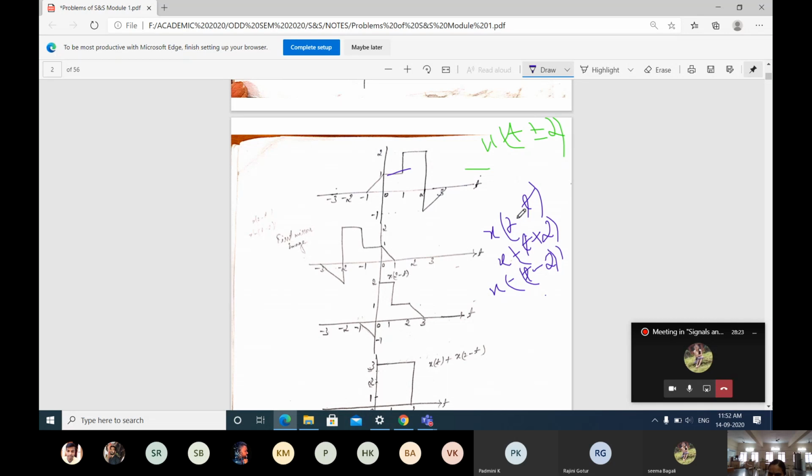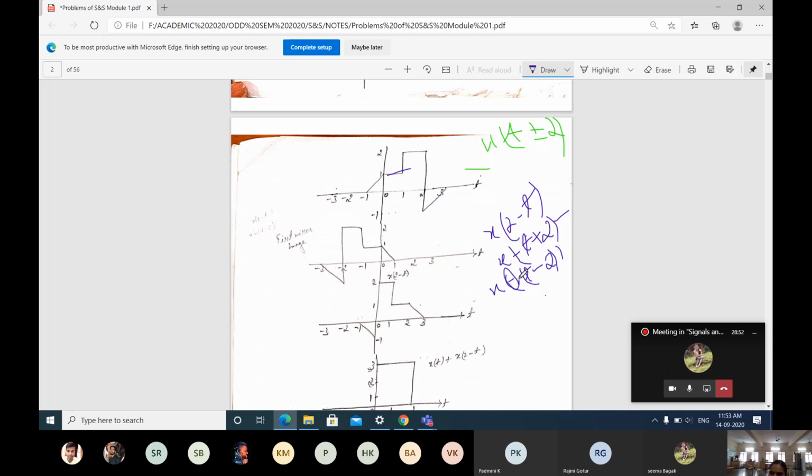Observe here, how can I write it? I can take the minus outside. I will be getting minus, if I take it outside, t minus 2 function, right? I am writing in both ways. Here I can write as minus t plus 2, or else I can take minus outside. This is the reflection of x of t I can do. Then I can go for the shifting operation, minus t minus 2 operation, right?